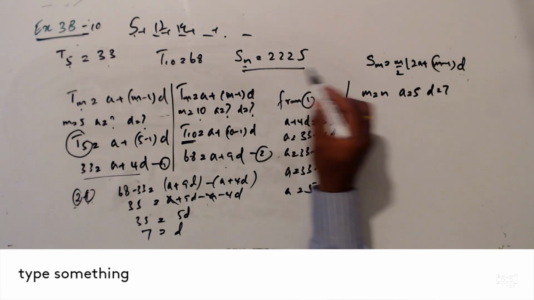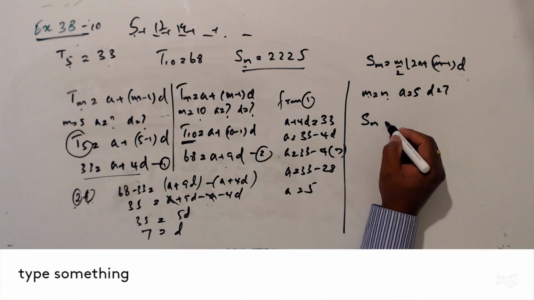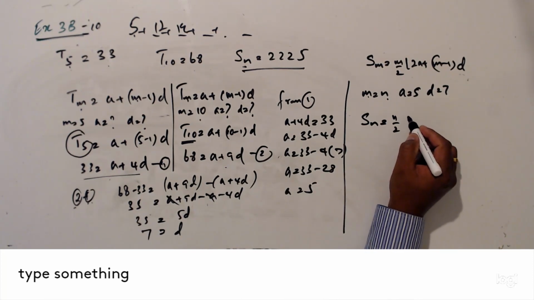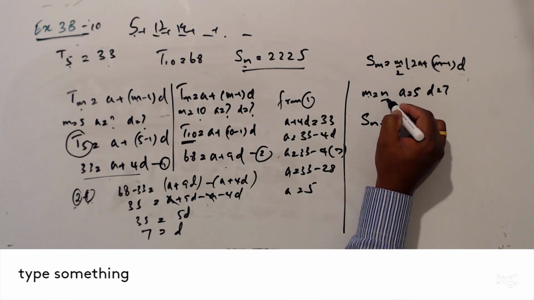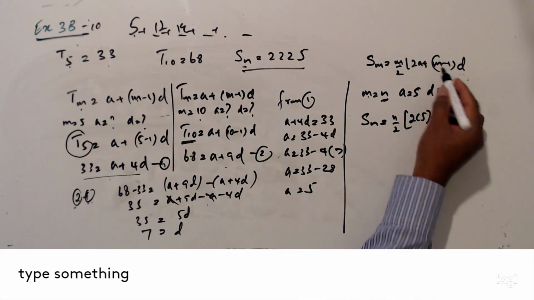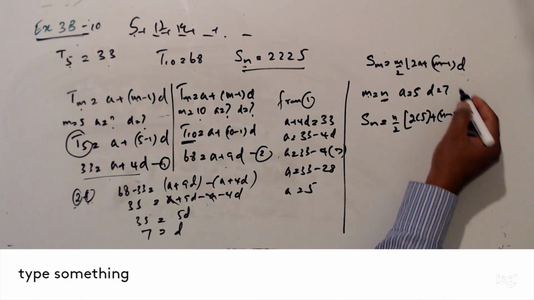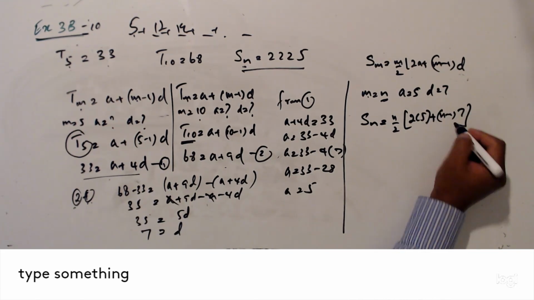Sn is n divided by 2, instead of m we are putting now n, times 2 times 5 plus n minus 1 times d, d is 7.